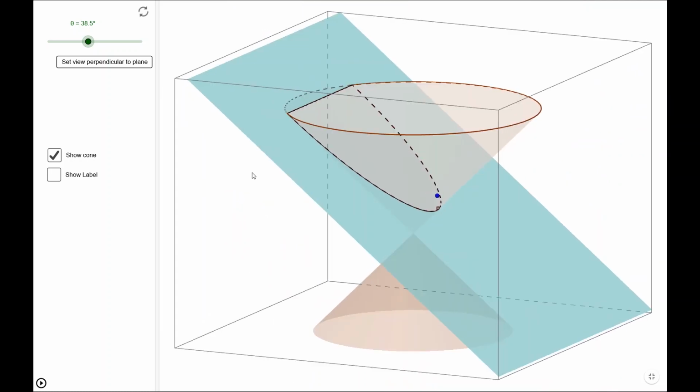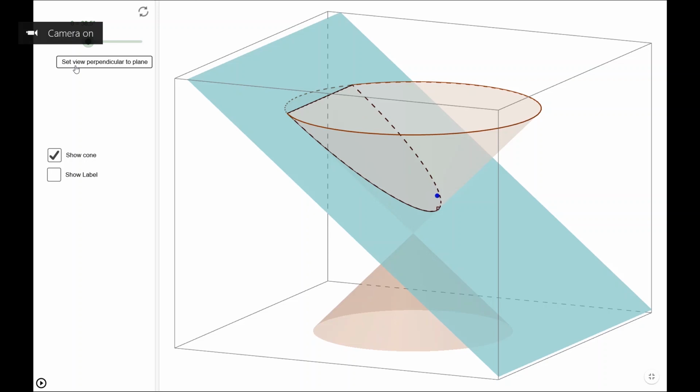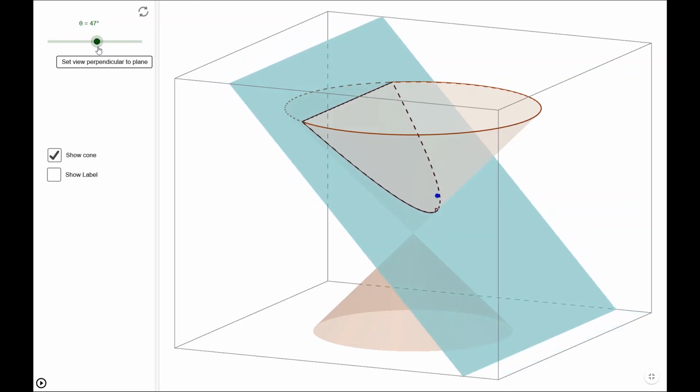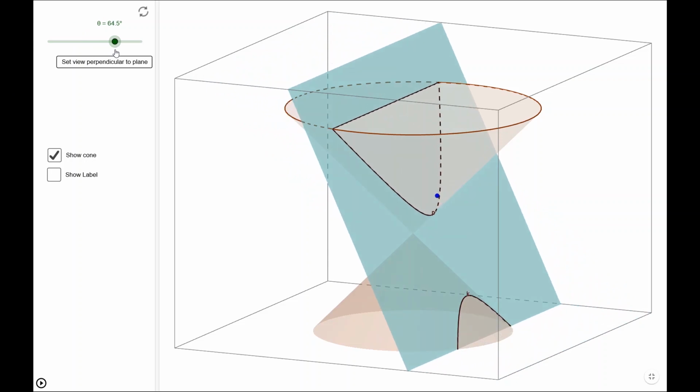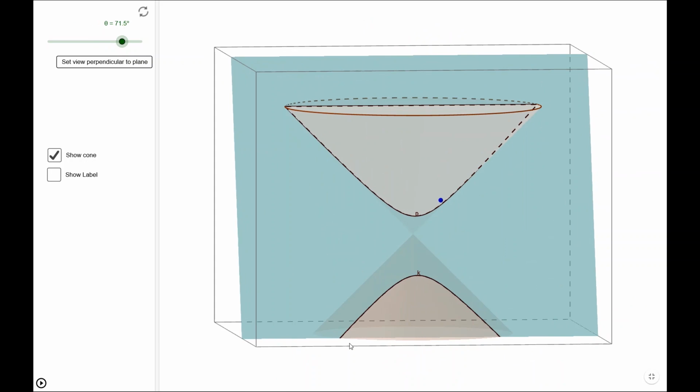So we get a circle if the sheet is completely horizontal. We get an ellipse once we start tilting the sheet a little bit until we reach the end of the cone, so we get a parabola. Now, if we keep tilting the sheet even more, it will start cutting the second cone down below, and we will get two curves, and these two curves are what we call the hyperbola.